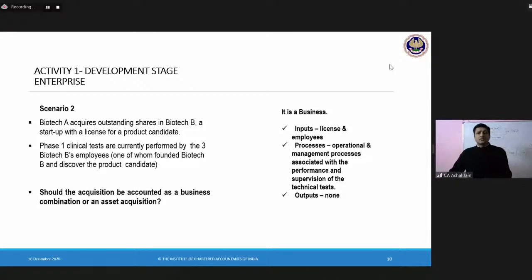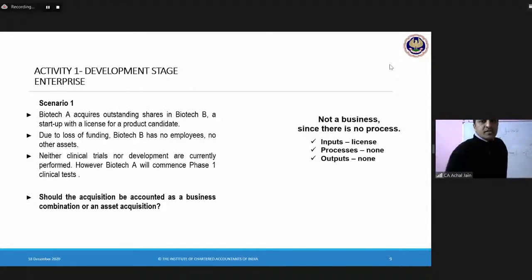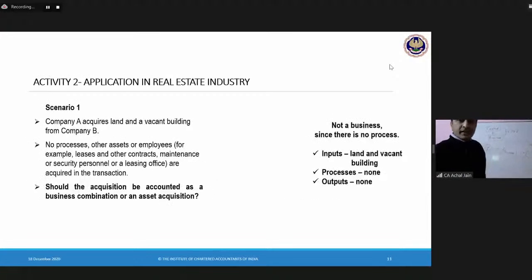Now for us, let us go back to our understanding, which is important, that for a business, what's the must? Input and processes are a must. In scenario number 1, input was there, but because process was not there, that's why we didn't consider that to be a business. Clear? Yeah? Okay.